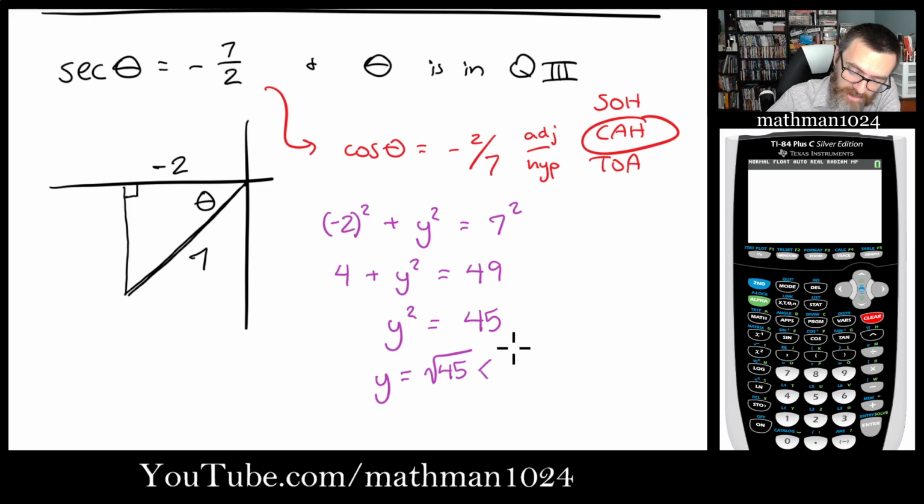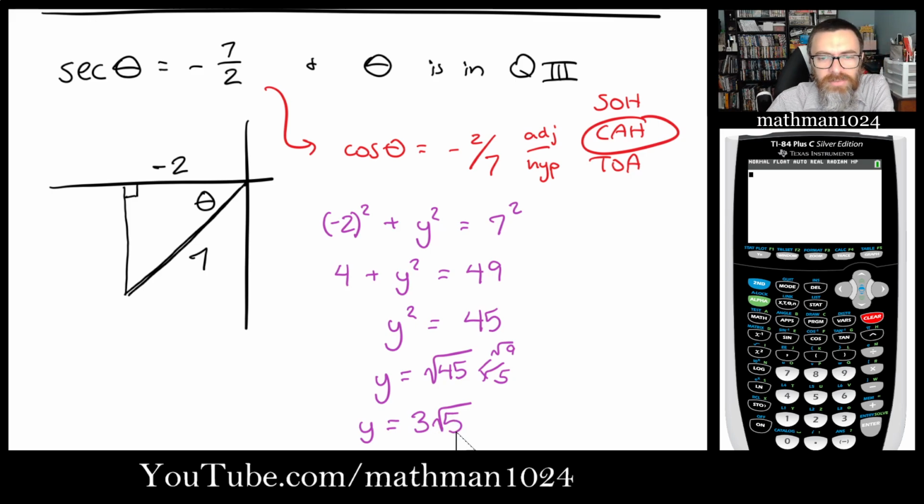So this guy breaks down as 9 times 5. So the y value is 3 square roots of 5. But keep in mind that we are underneath the x-axis, so this actually means negative 3 square roots of 5.